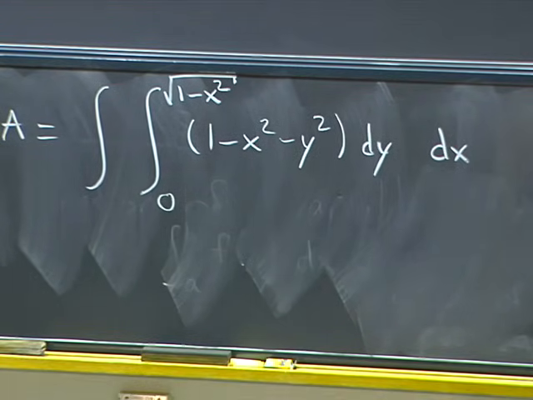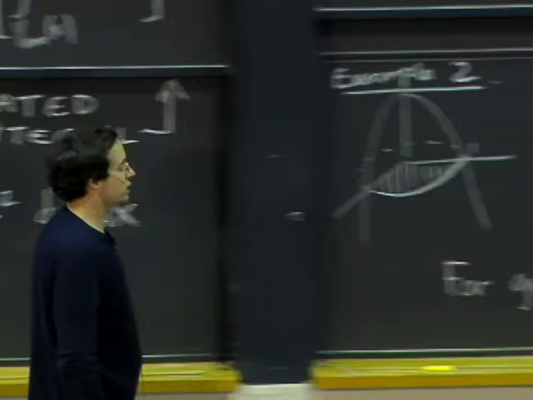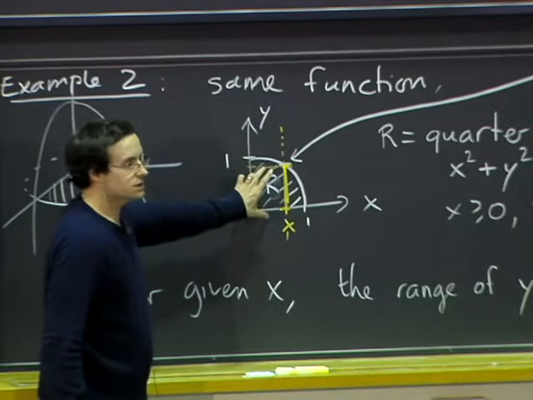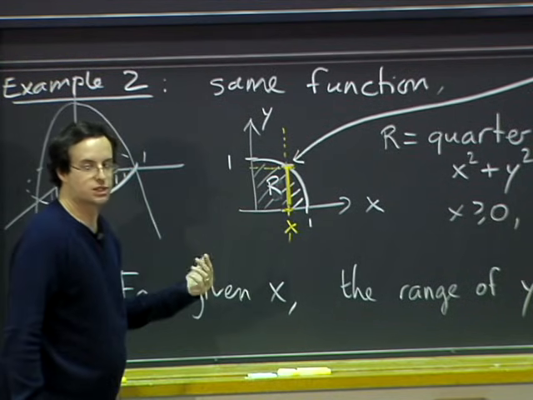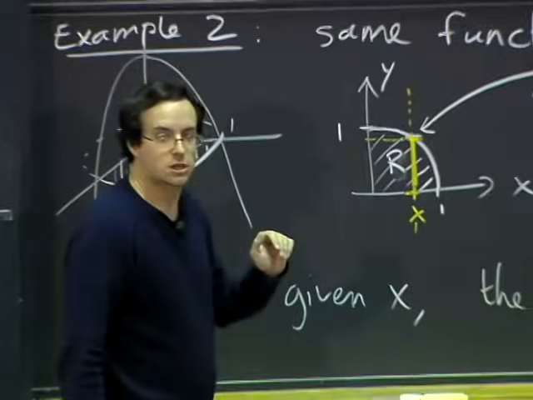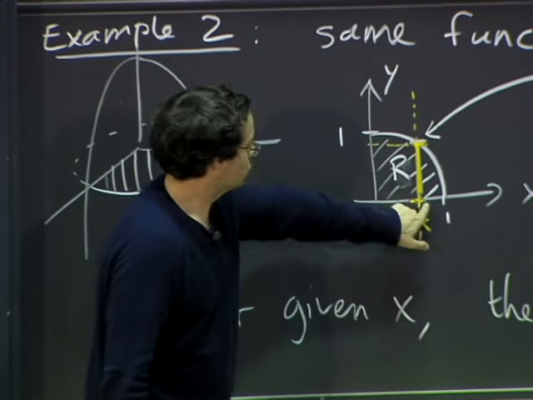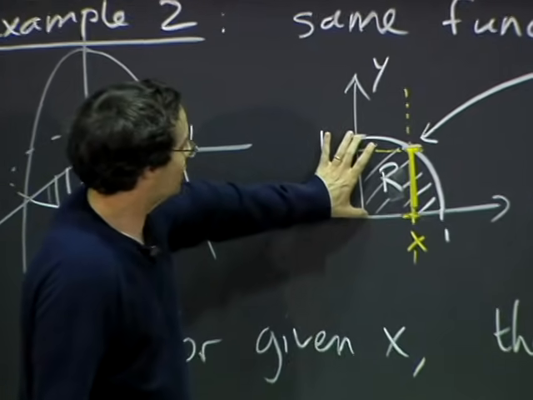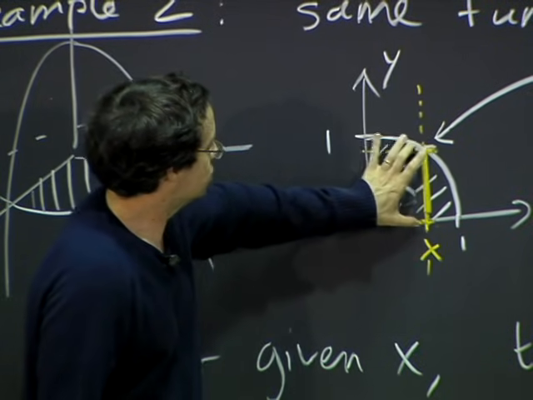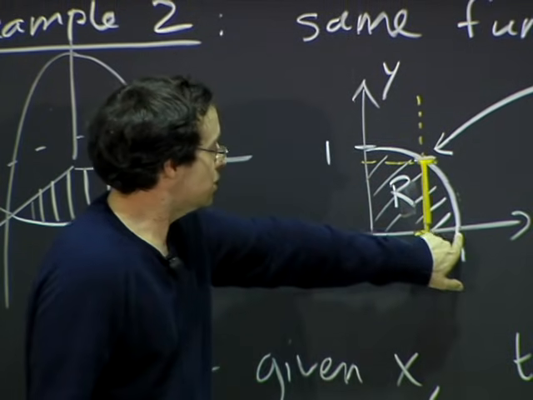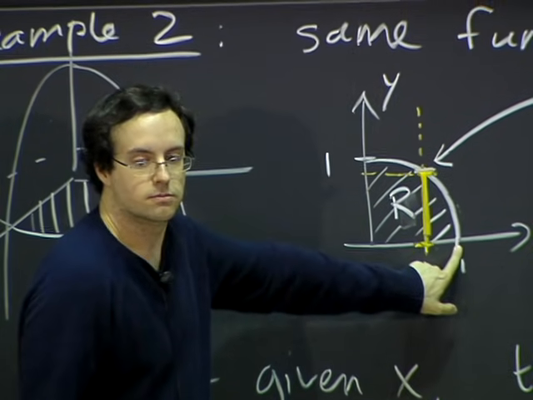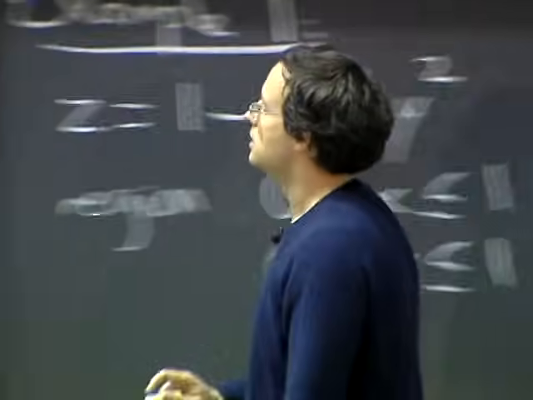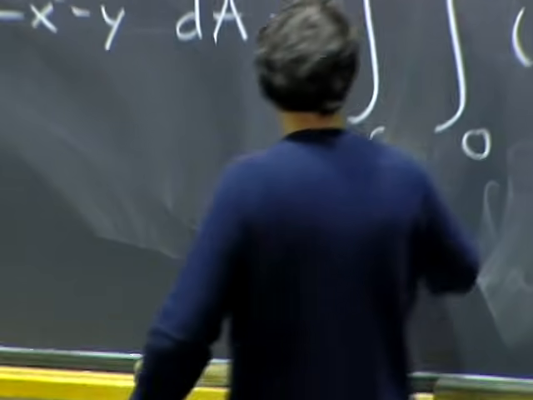Well, the range for x should just be numbers. Remember the question I have to ask now is, if I look at all of these yellow slices, which one is the first one that I want to consider? Which one is the last one? So the smallest value of x that I want to consider is 0 again. And then I will actually have a pretty big slice, and I will get smaller and smaller slices, and I have to stop when x equals 1. Afterwards, there's nothing else to integrate. So x goes from 0 to 1.